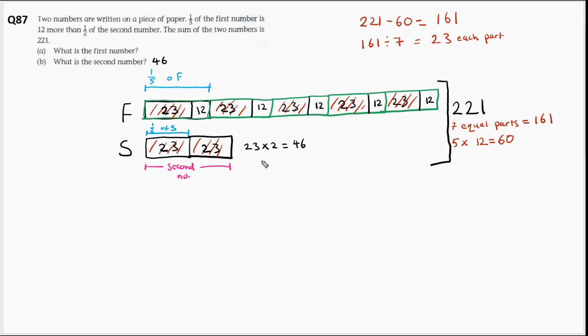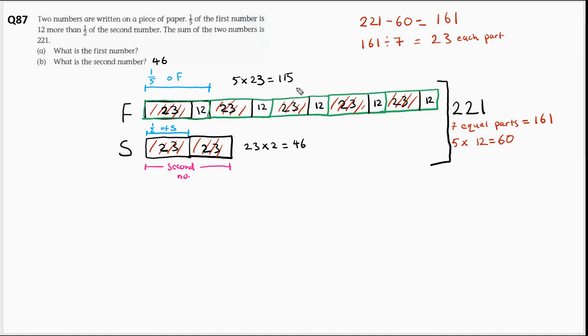46. Okay, well, let's look at the first number. And what is the first number? Well, the first number has got 1, 2, 3, 4, 5 times 23. Okay, let's do that up here. So we've got 5 times 23. Okay, what's 5 times 23? Well, 10 times 23 is 230, so it must be 115.